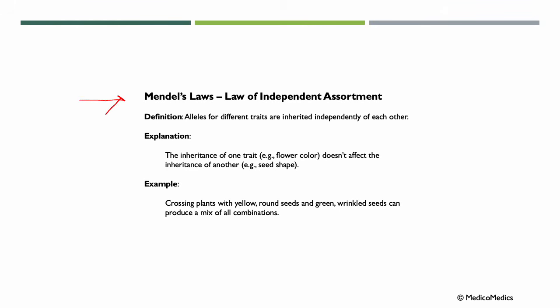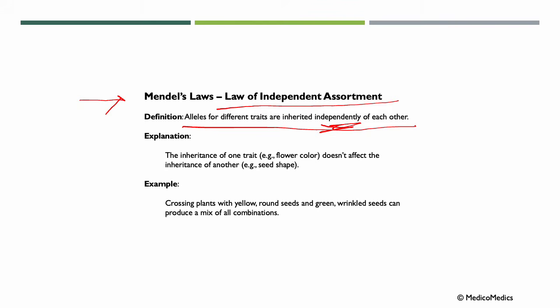Then we have Mendel's second law, the law of independent assortment. It's defined as alleles for different traits being inherited independently of each other. So traits like eye color and hair type don't always come as a package deal.